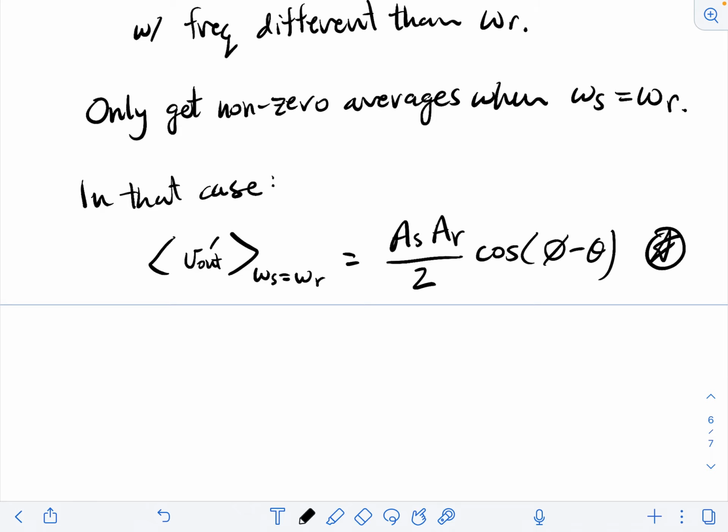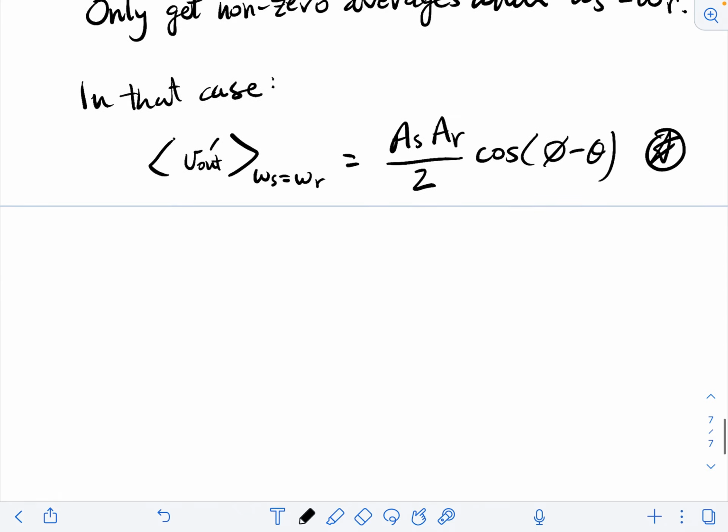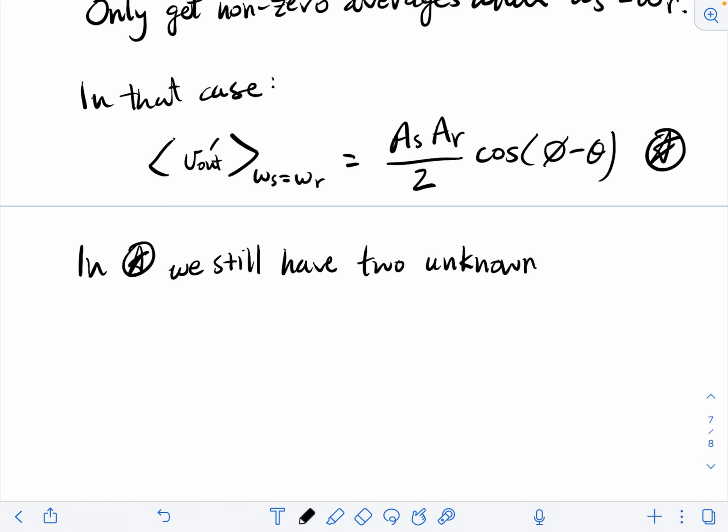And so that's quite good, except we still have two unknowns. In star, we still have two unknowns. And our unknowns, remember, are we don't know the amplitude of the signal, and we don't know the phase of our signal.